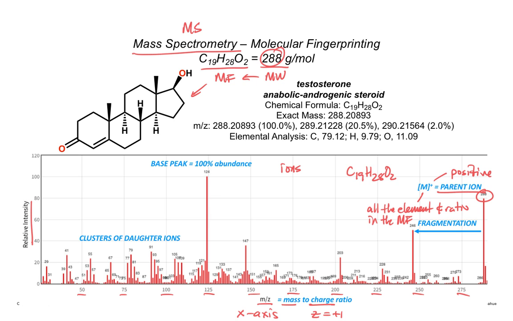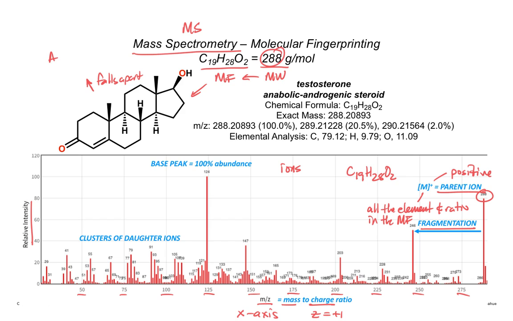But the other important things in the mass spectrum, anything that's lower in mass is called a daughter ion, and those result from this thing called fragmentation. That's basically where the structure, for lack of a better way of saying it, falls apart, and it forms other structures.